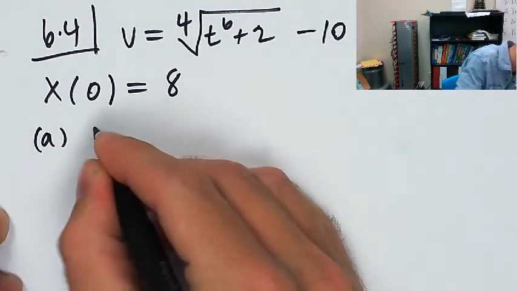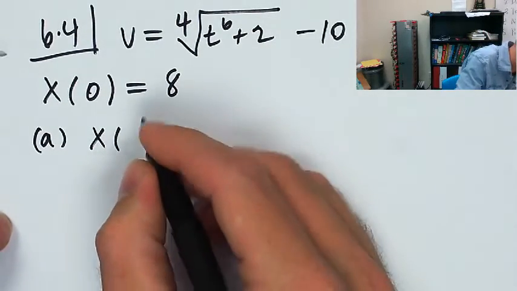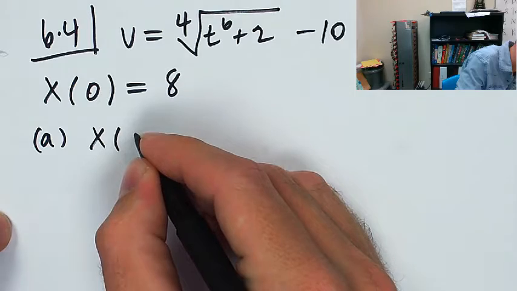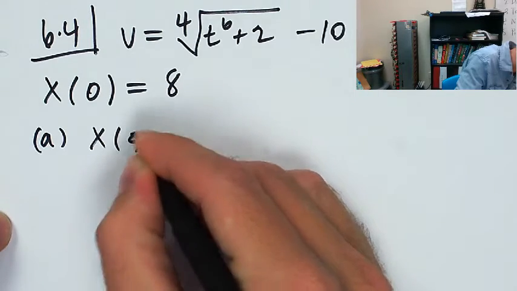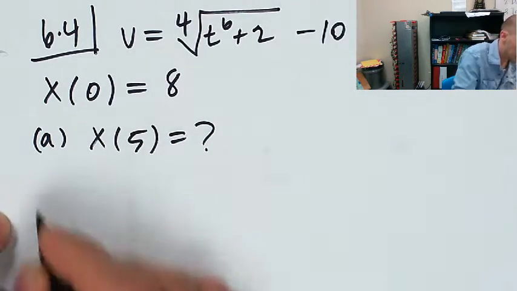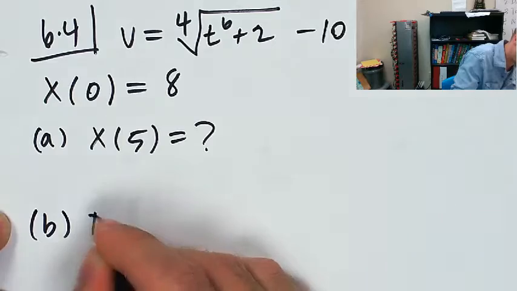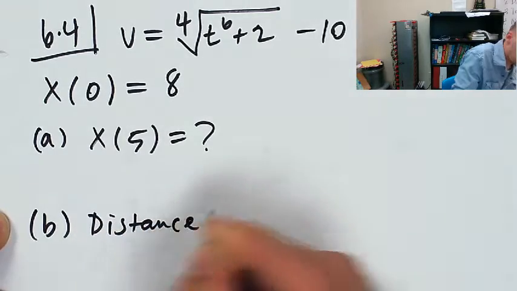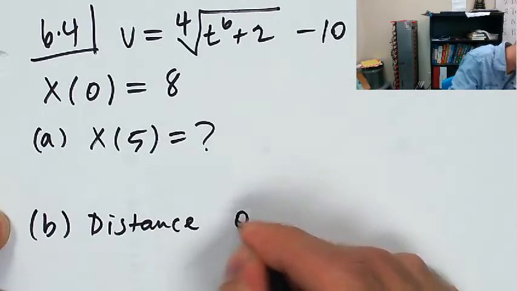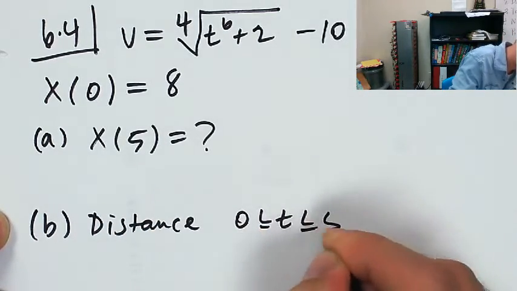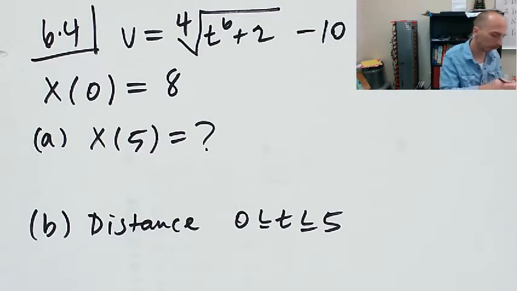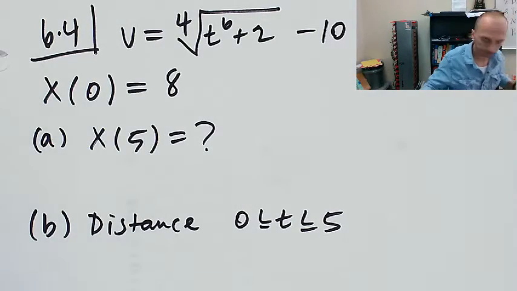I could ask you about the position of the object at time 5, and I could ask you about the total distance on the time interval 0 to 5. And that would, yeah, similar integrals, but slightly different.